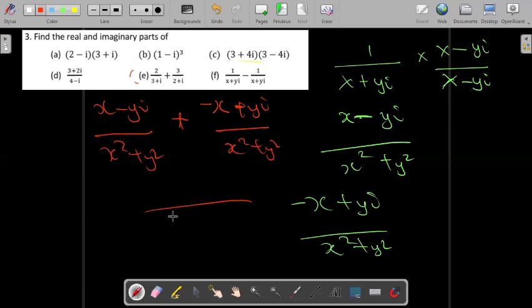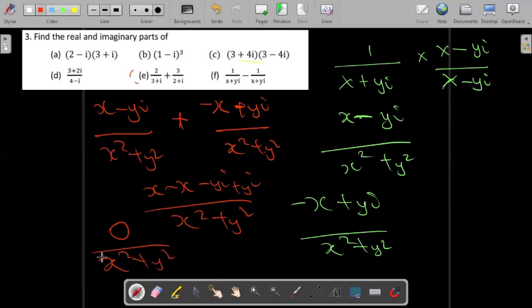So the denominator is the same, which is x squared plus y squared. Then you bring these together, minus iy plus iy. This on top, you just get 0 over x squared plus y squared. So this divided gives you 0.